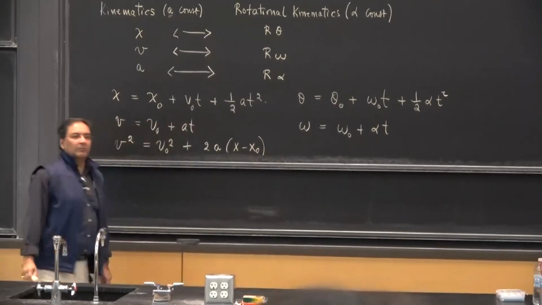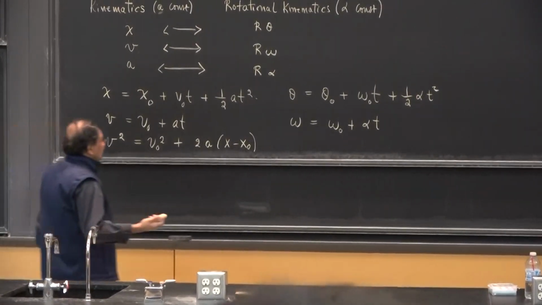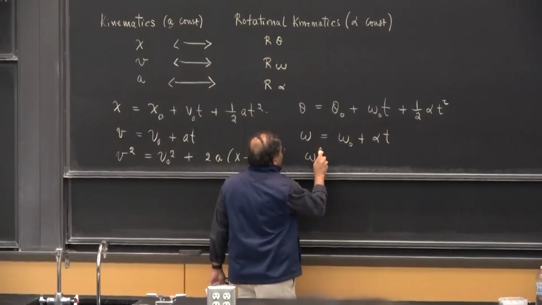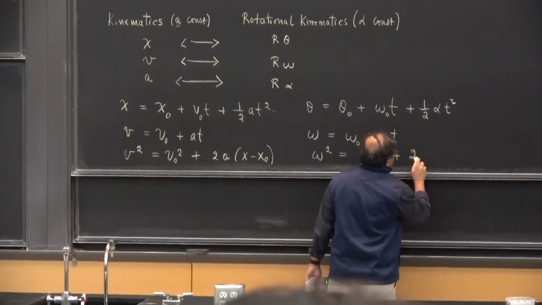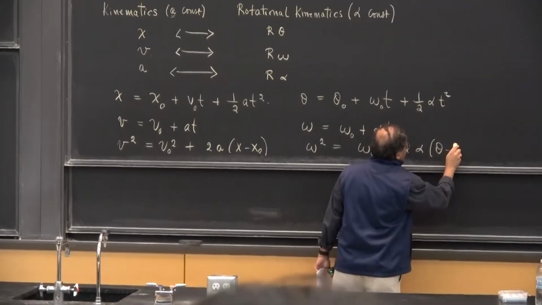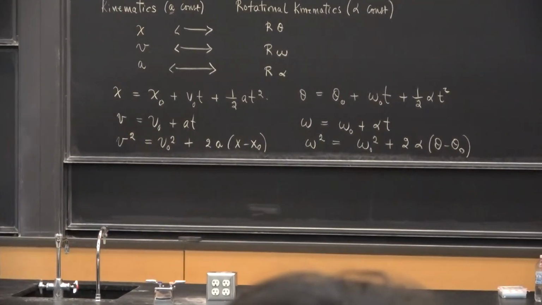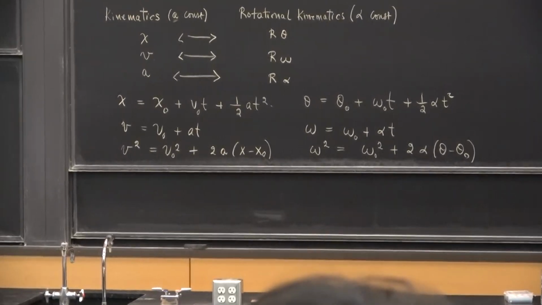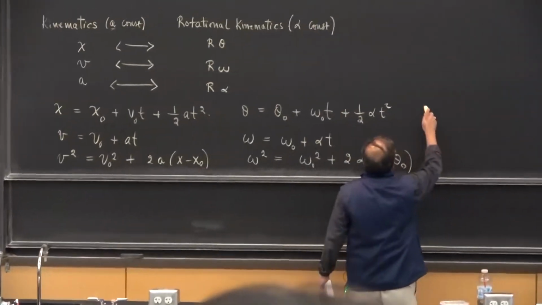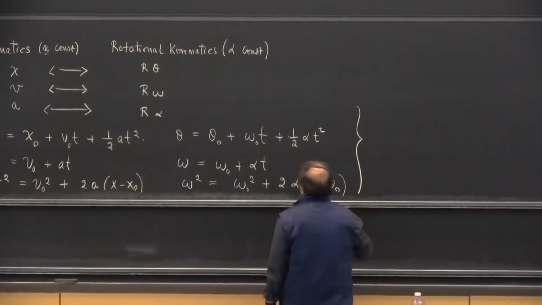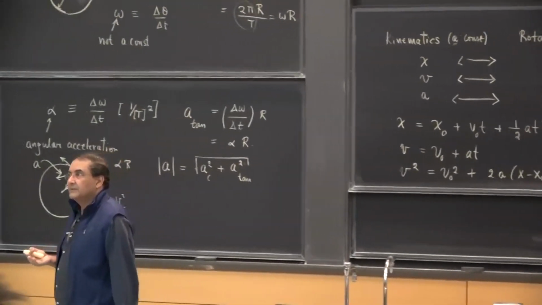That was another important formula that did not involve time. So right now we can directly write omega squared is omega 0 squared plus twice alpha times theta minus theta naught. I'm going to assign you problems in the set that's coming up based upon this kind of rotational kinematics. Whatever equation you need, you can directly construct with the substitution of the appropriate variables. You just work it out. Okay?